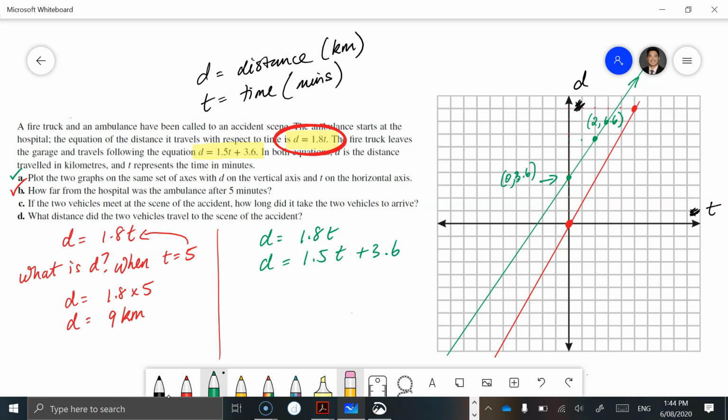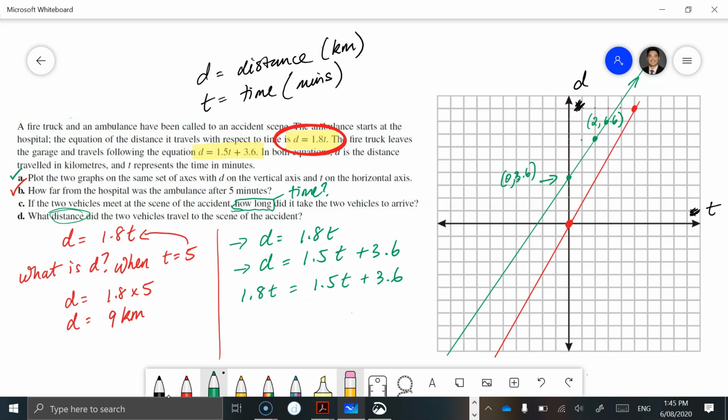We want to know, what's the question? How long? We're asking for time here. And if the distance is going to be the same, then each of these is equal to D, right? So that means if these two equations are both D, we can say that 1.8T is equal to 1.5T plus 3.6. They are equal to each other because they are both equal to D.